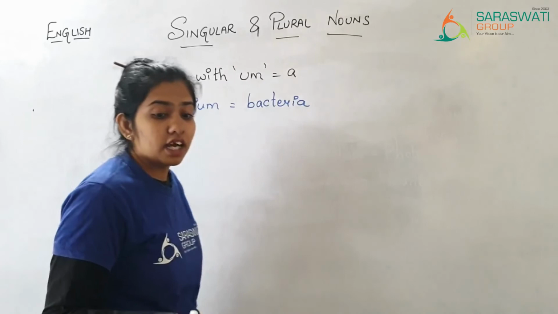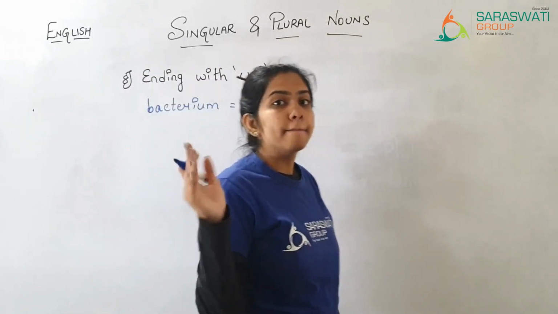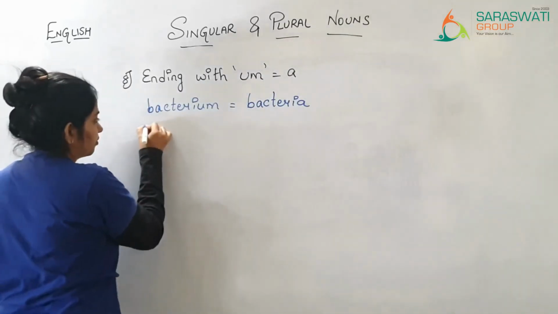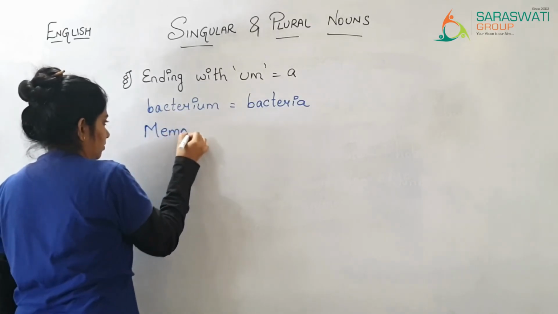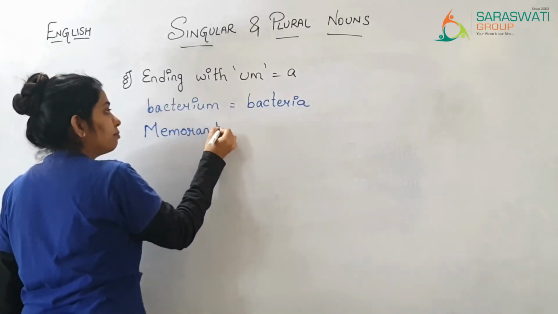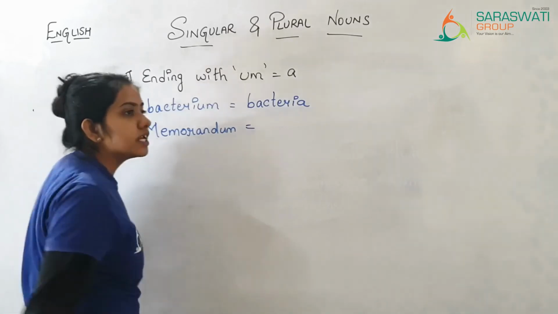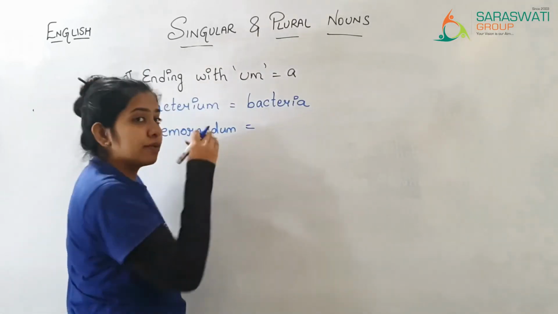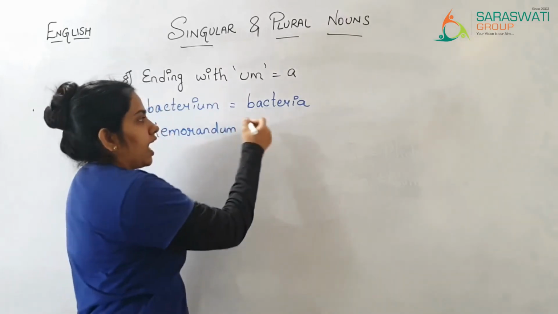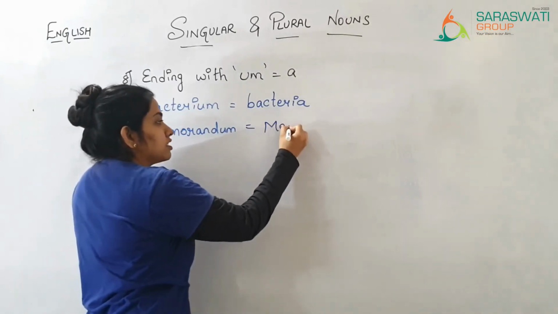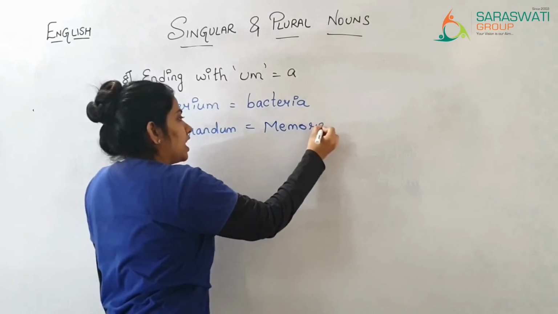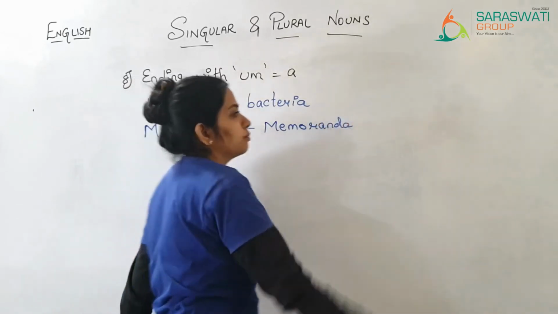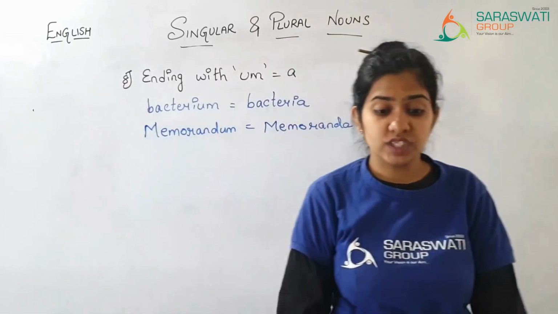right? Then comes memorandum. Memorandum means it is a contract made between two parties. Memorandum is only singular, and if I cut this and write A, memoranda, it becomes plural.